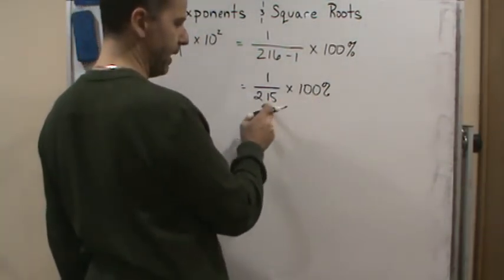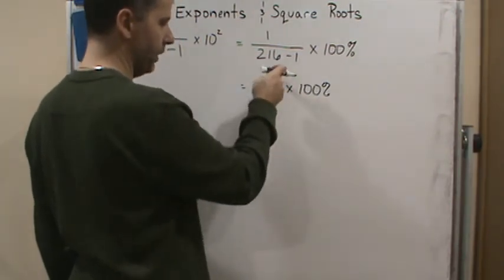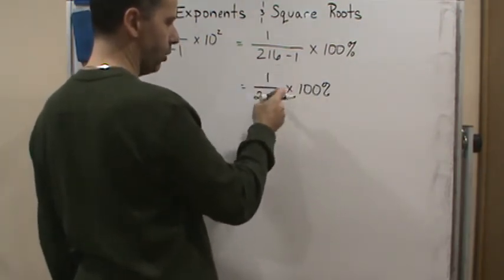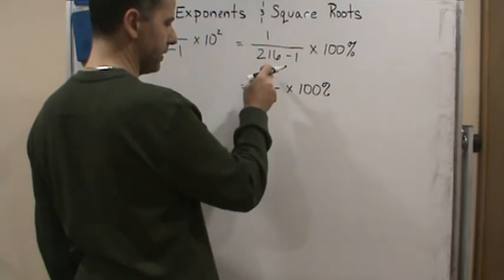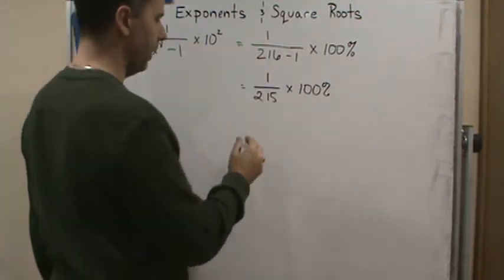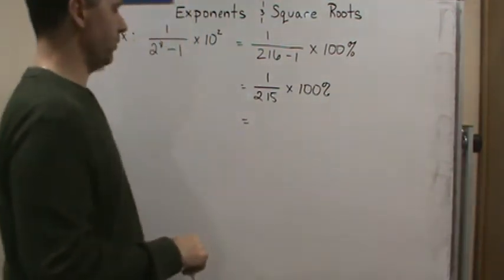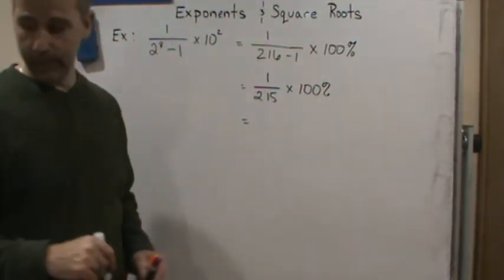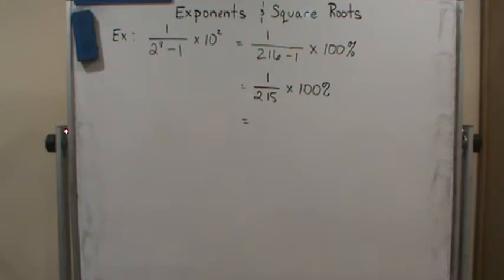Now this is where we can do the division or the multiplication. In this case, it doesn't matter the order. We could do this divided by this first, or we can do 100% times 1 over 215. So let's do the division first. So 1 divided by 215 gives us what? 0.39216.